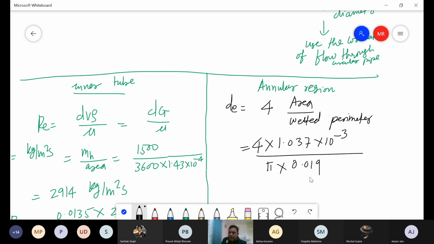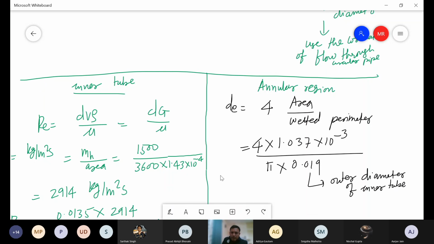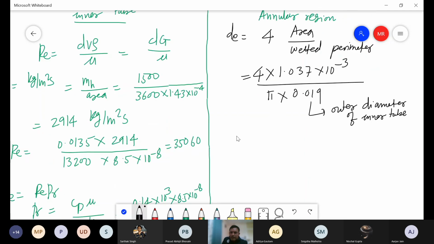This is the outer diameter of the inner tube. Do you all agree? Yes, sir. So the equivalent diameter you are expected to get is 0.0695 meter. Just check whether you all are getting the same.